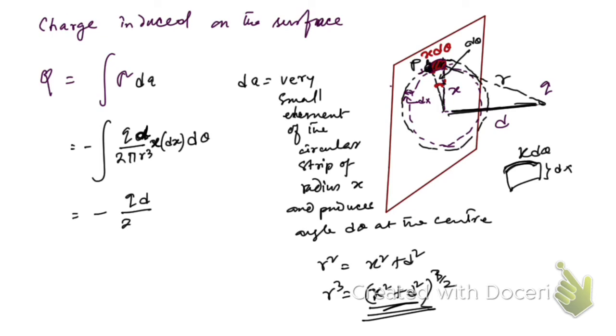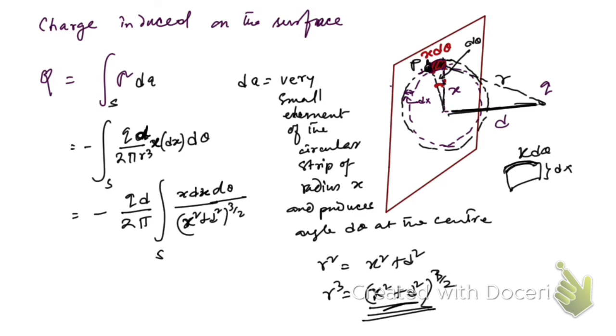So 2 pi is taken out, then for r cube we get 1 by x square plus d square whole to the power 3 by 2. Then, since we have to do a surface integration, we have x dx d theta. Hope you have understood this.